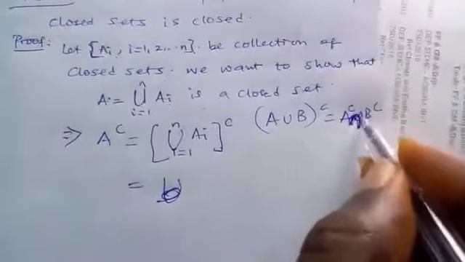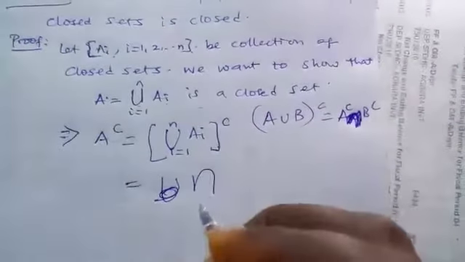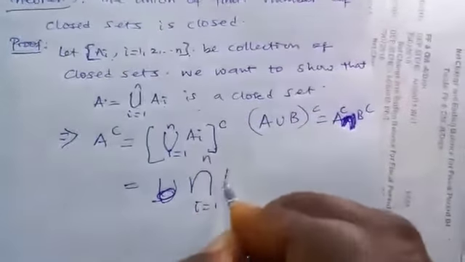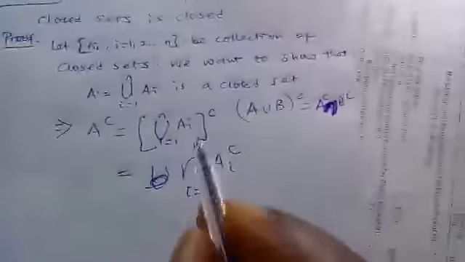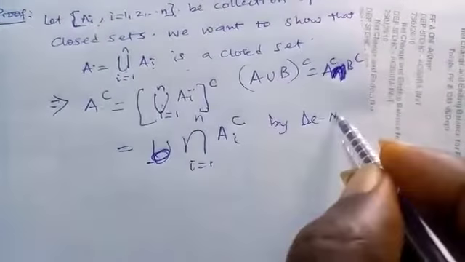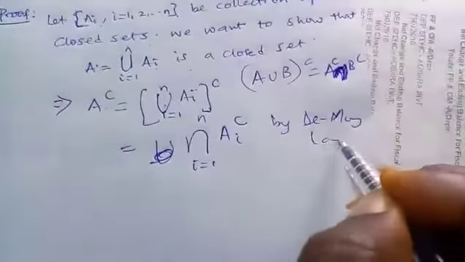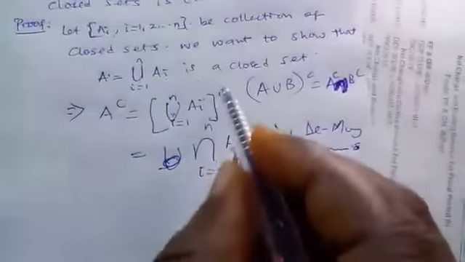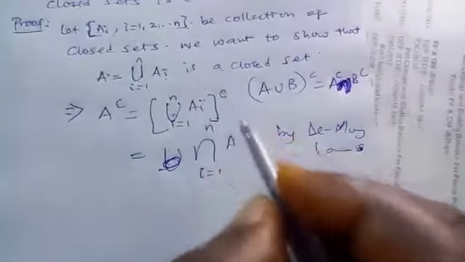So the union will turn to an intersection, and the complement will be on each A_i. So this is by De Morgan's law.